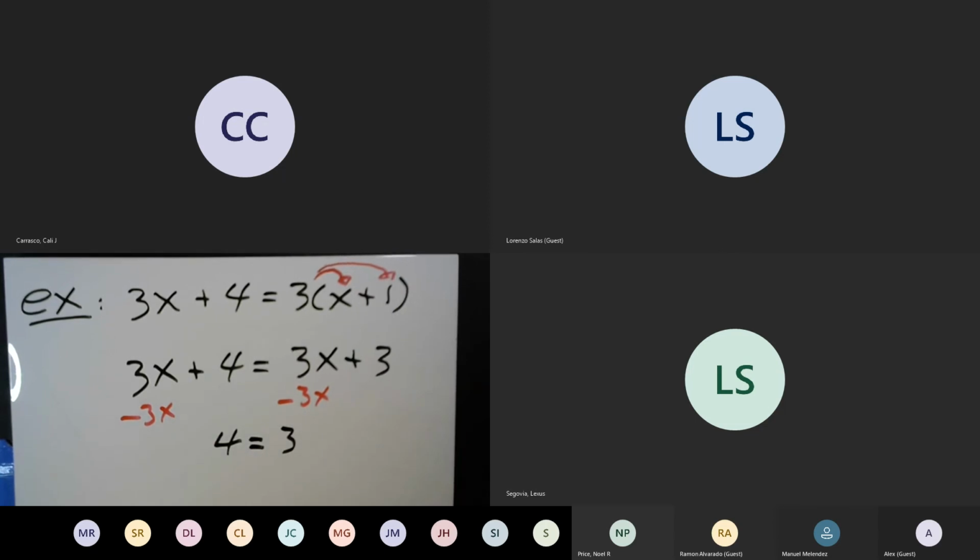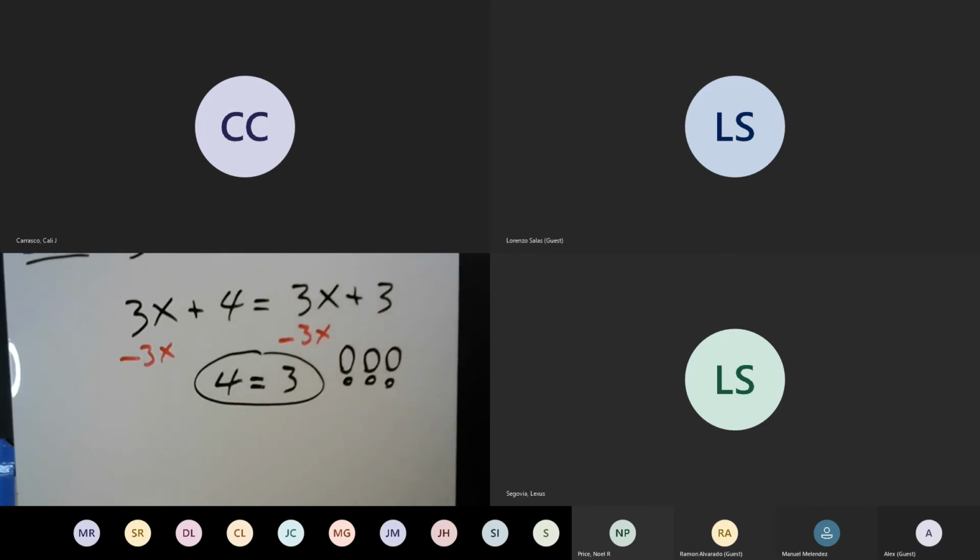And we're going to get something like this, which is kind of surprising. Because this isn't true. 4 is never equal to 3. So when we solve an equation and we get something like this, what we've basically done is we've been given an equation that's not valid.